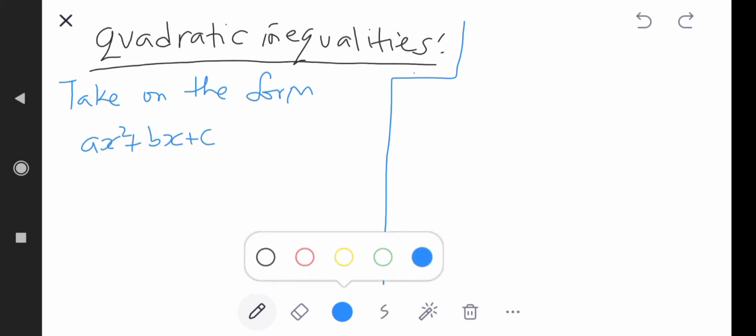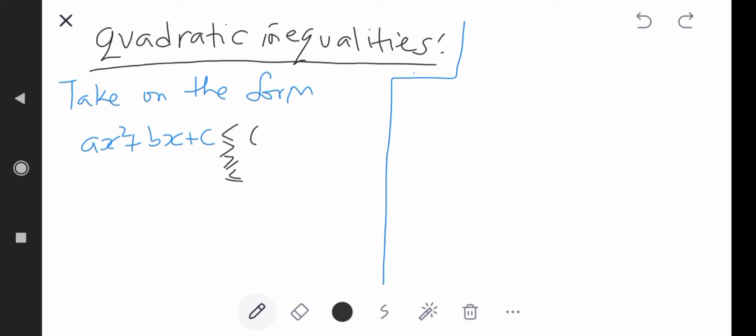It can be a less than, it can be a greater than, it can be a less than or equal to, or a greater than or equal to, but as long as the other side is a zero. So as we solve these quadratic inequalities, everything is supposed to be done when the right hand side has 0.